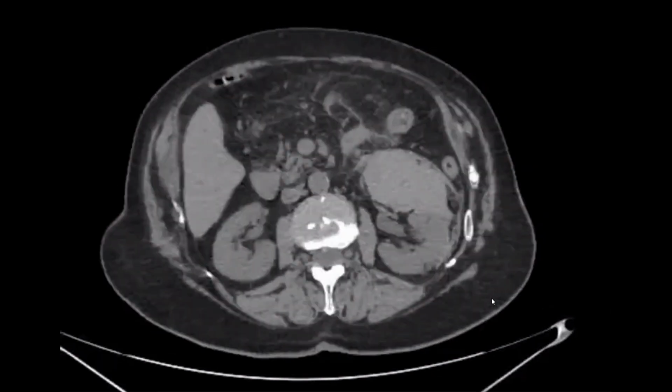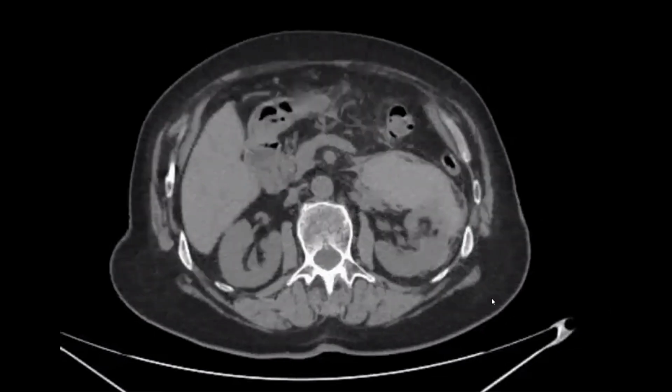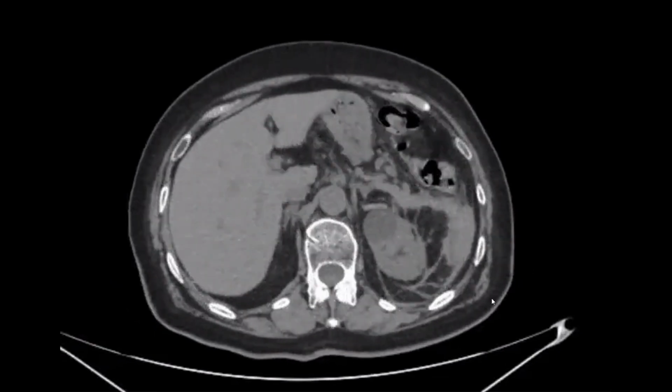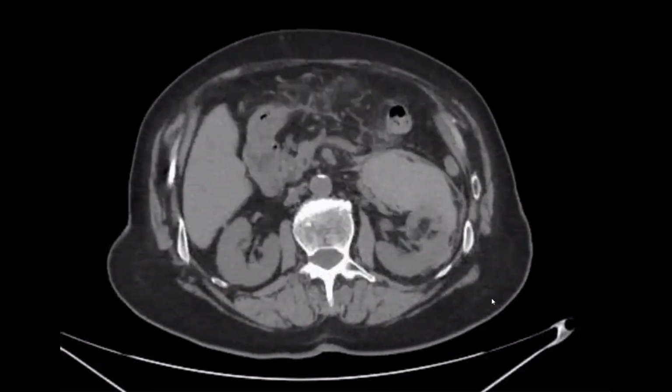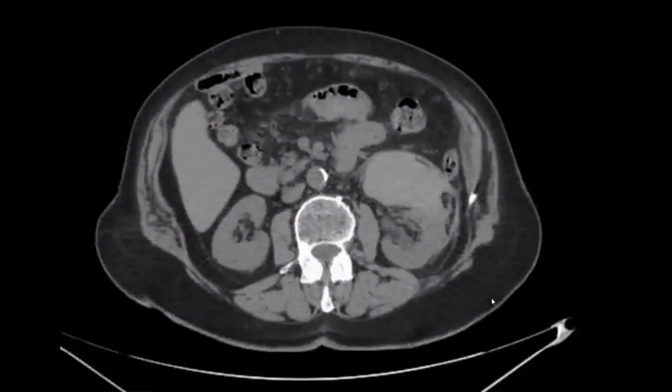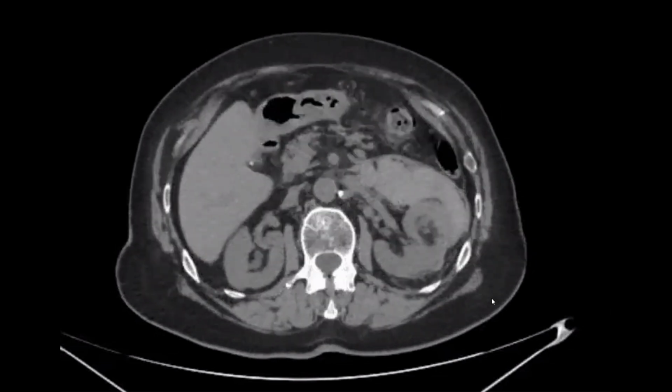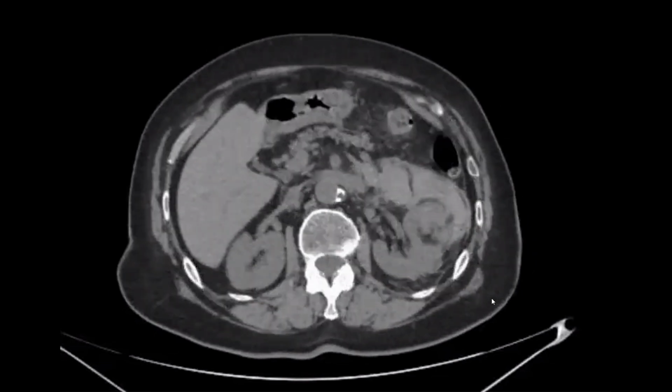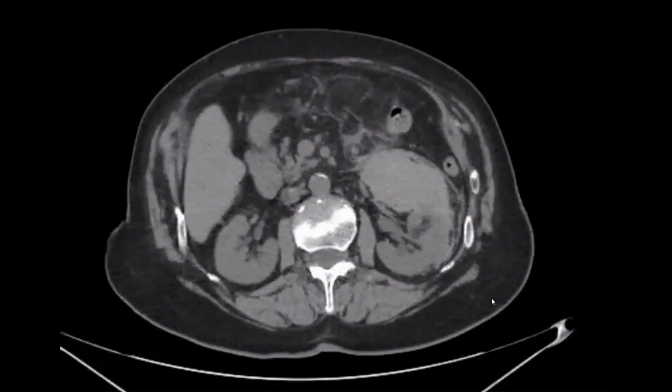Besides this, there is an incidental simple cyst in the upper pole of the left kidney. There is also extensive thickening of the perinephric fat, the Gerota's fascia and lateral conal fascia. So this is likely a case of angiomyolipoma and its rupture.